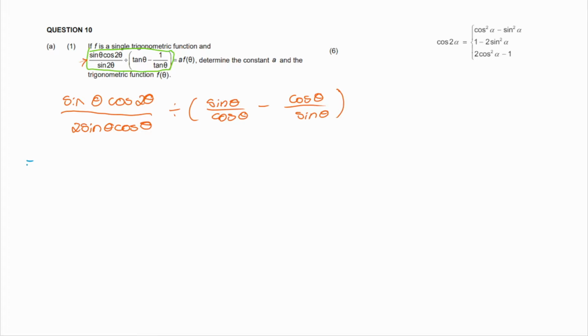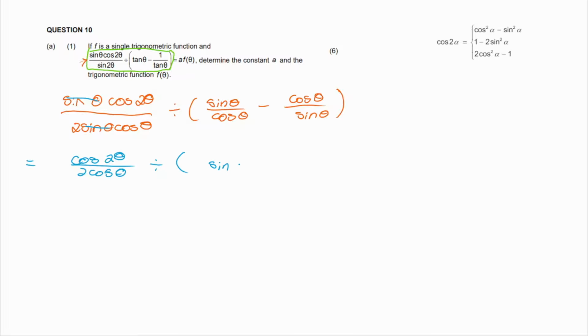Now let us continue. All right, so I'm going to be cancelling these. So what we have is cos 2 theta over 2 cos theta, and then dividing by, it's not really clear what to do here, but let's get this thing together, right? Because right now it's separated by this minus. Let's simplify it by putting it together. So what we're going to do here is we're going to LCD.